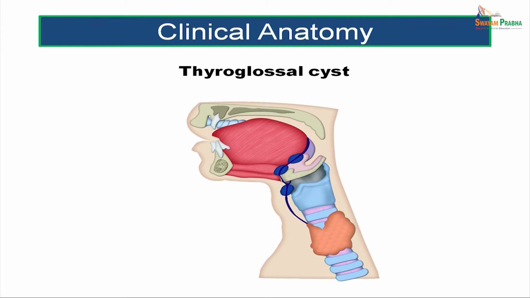The duct which is present between the foramen cecum and the pyramidal lobe or the upper border of the isthmus, if it does not get fibrosed completely, if it does not regress, then you can see small pockets of this duct remaining, and it can form a cystic swelling along its course. That is a remnant of the thyroglossal duct forming a cyst. That will be called a thyroglossal cyst.